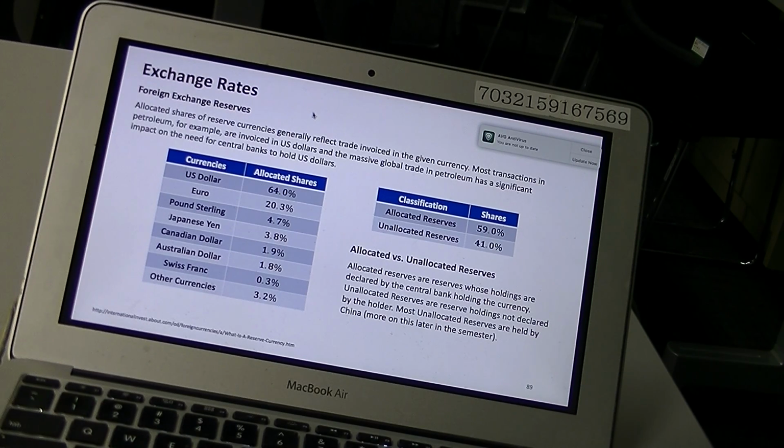That means where governments said we're holding this much in specific currencies, the U.S. dollar was 64% of that. The euro was 20%. Actually, the pound sterling. There's still some. The pound, even though Great Britain's status in the world has dropped.